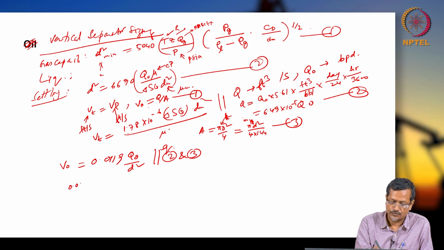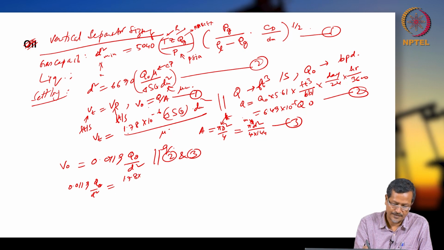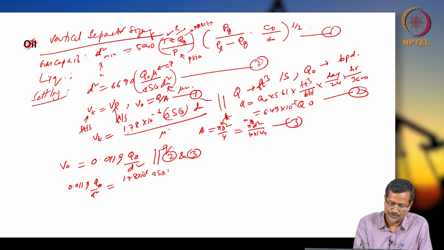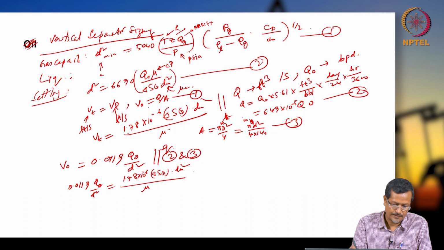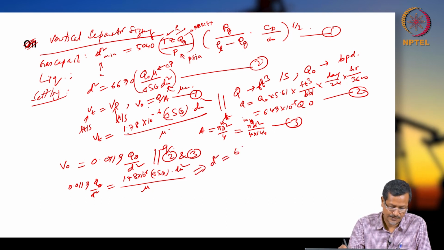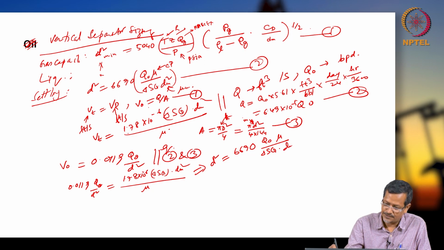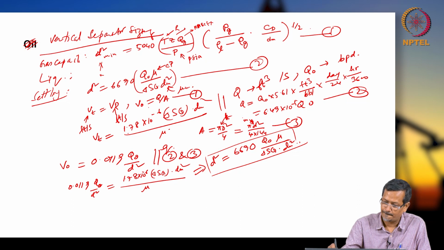So 0.0119 QO by D square equals 1.78 10 power minus 6 del SG dm square by mu. So it will give D square equals 6690 QO mu over del SG dm square. So this formula will come finally.